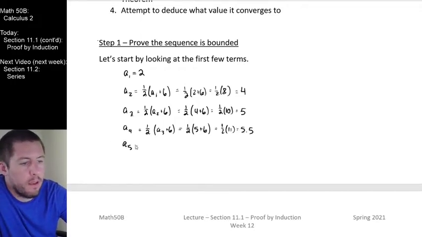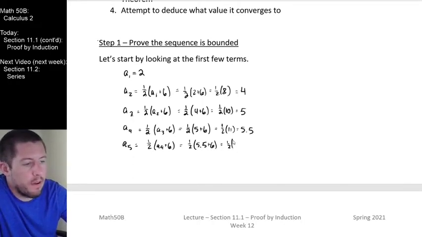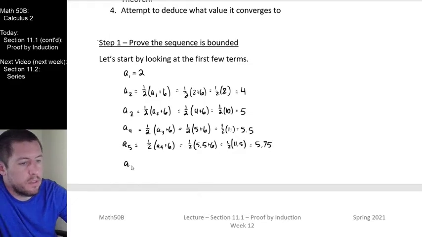If I keep going, a5 is half of a4 plus 6. That's going to be half of 5.5 plus 6, and that's going to be half of 11.5, which should be 5.75. And let's do one more here.